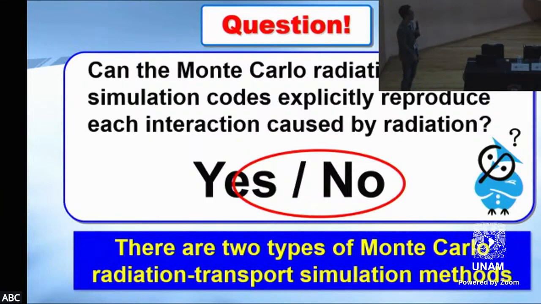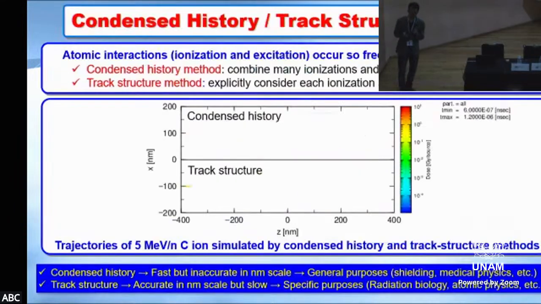Because there are two types of Monte Carlo radiation transport simulation method. One is the condensed history method, and the other is the track structure method. And why do we need two methods? Because atomic interactions, such as ionization and excitation, occur so frequently in material, roughly 10 to the 6 per millimeter.